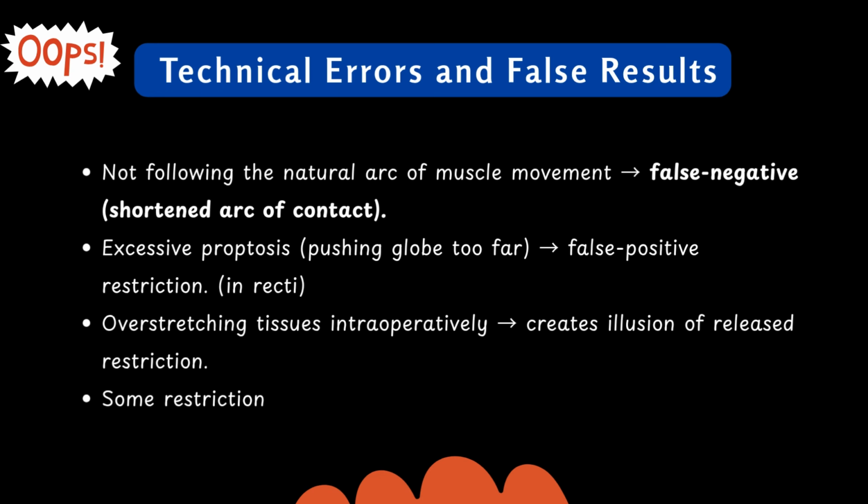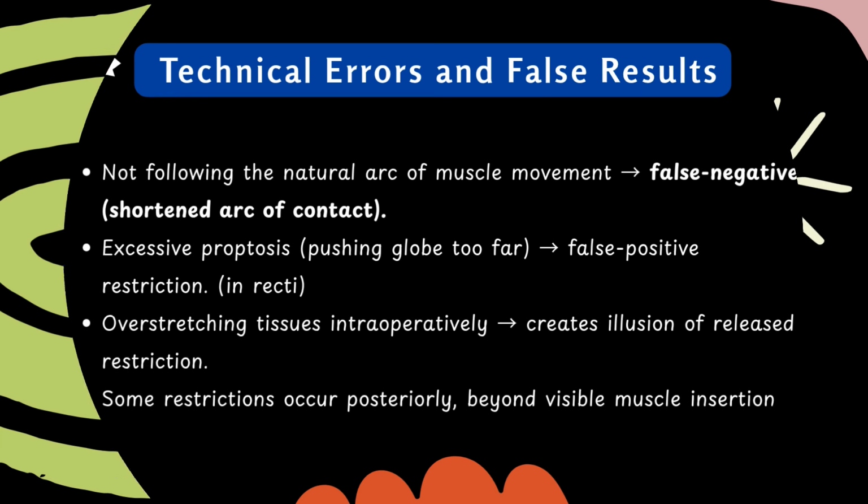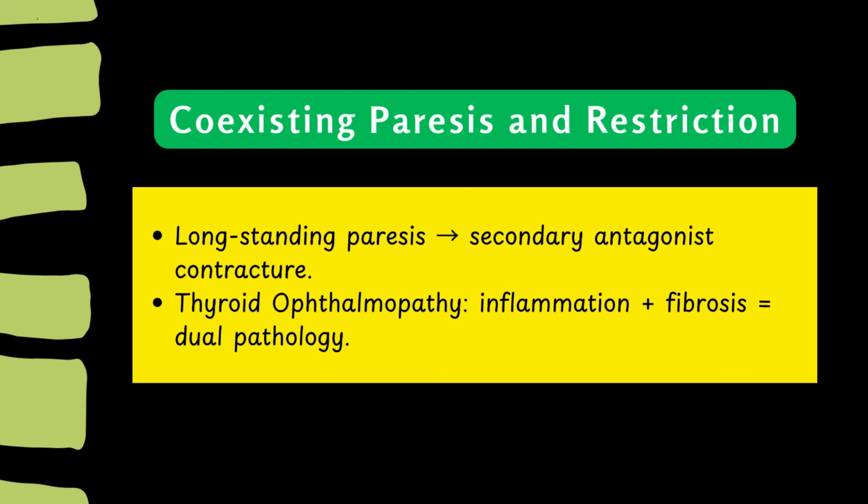And not all restrictions are anterior, some of them can be posterior also, as we saw in the reverse leash effect. Now, in some cases, the paralysis and restriction can coexist. This was highlighted by Kushner, and he found that the mechanical and the neurological causes can actually overlap.